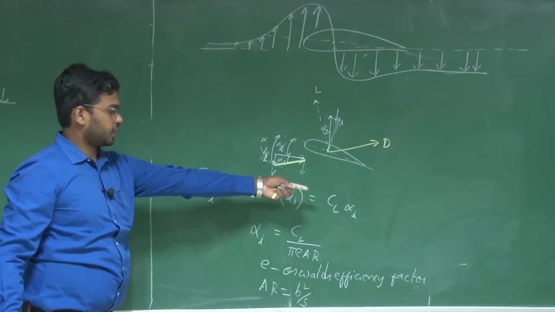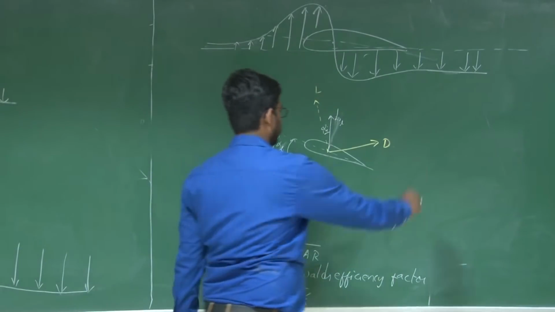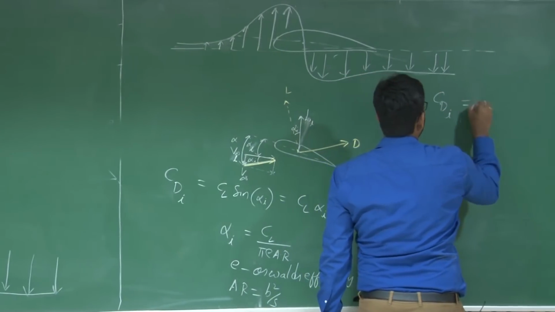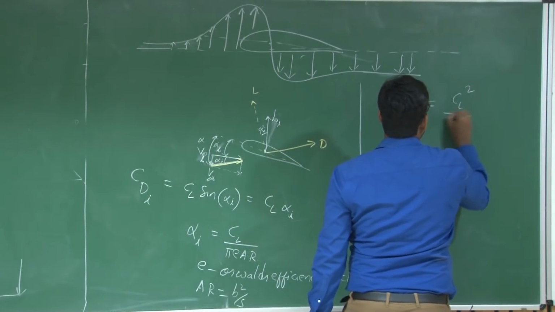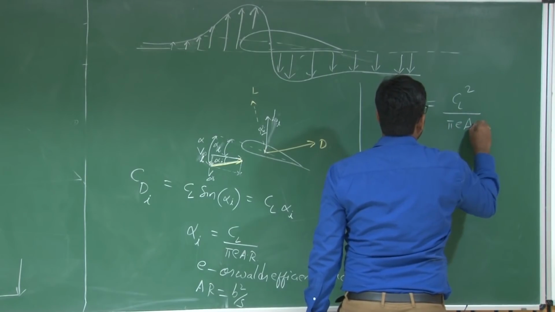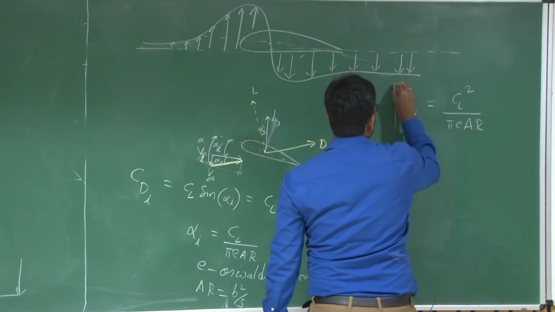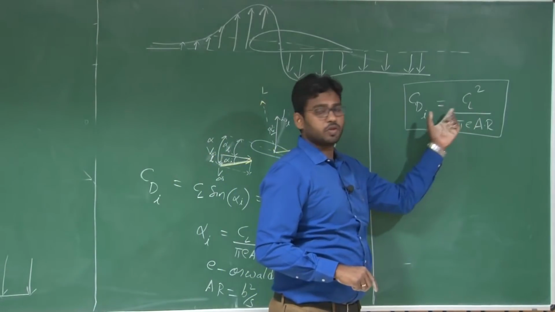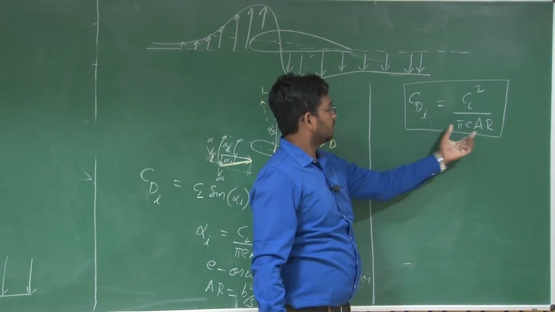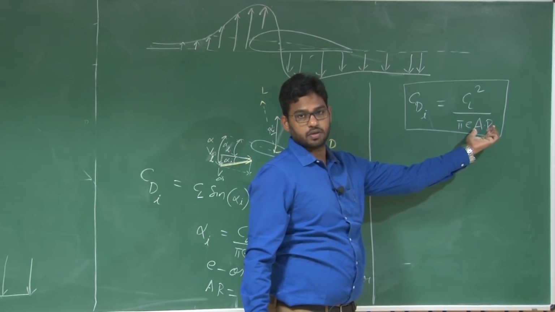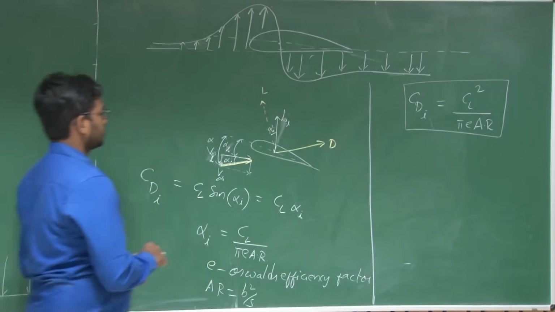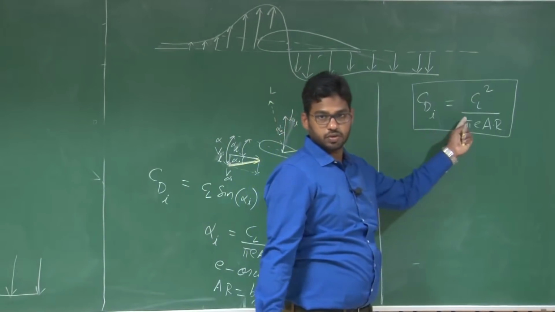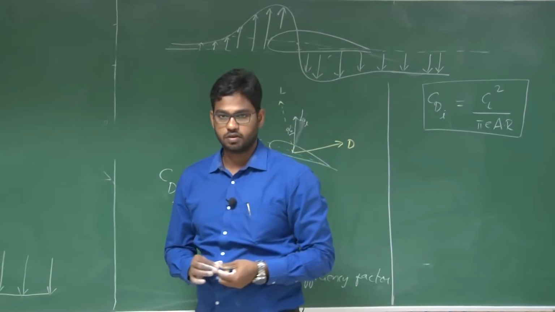Now substitute this alpha I here in this induced drag. So CDI is equal to CL square divided by pi E AR. So the lift also contributes towards induced drag, right, due to the finite aspect ratio. So for a 2D wing, the aspect ratio is infinite, so induced drag is almost negligible there.